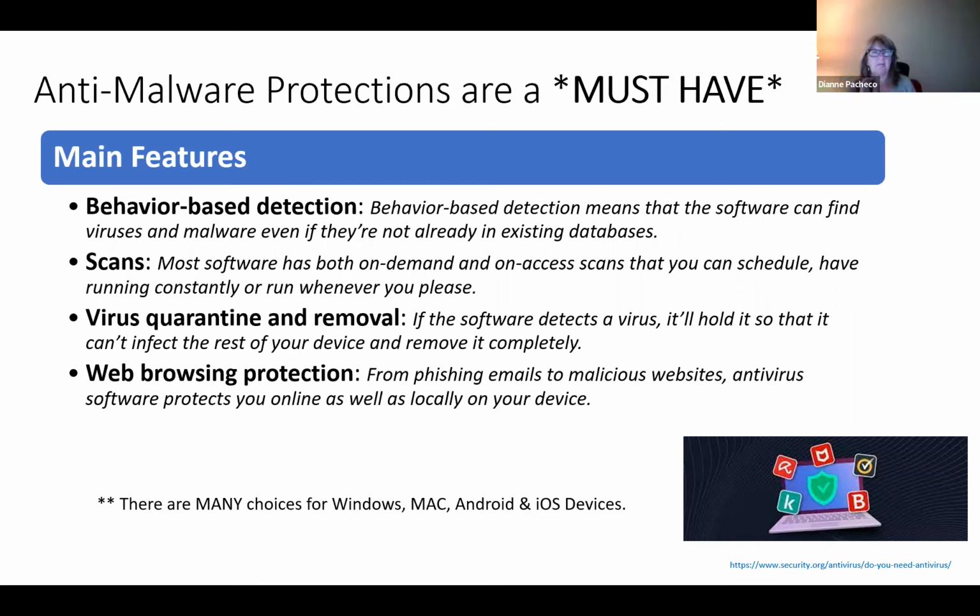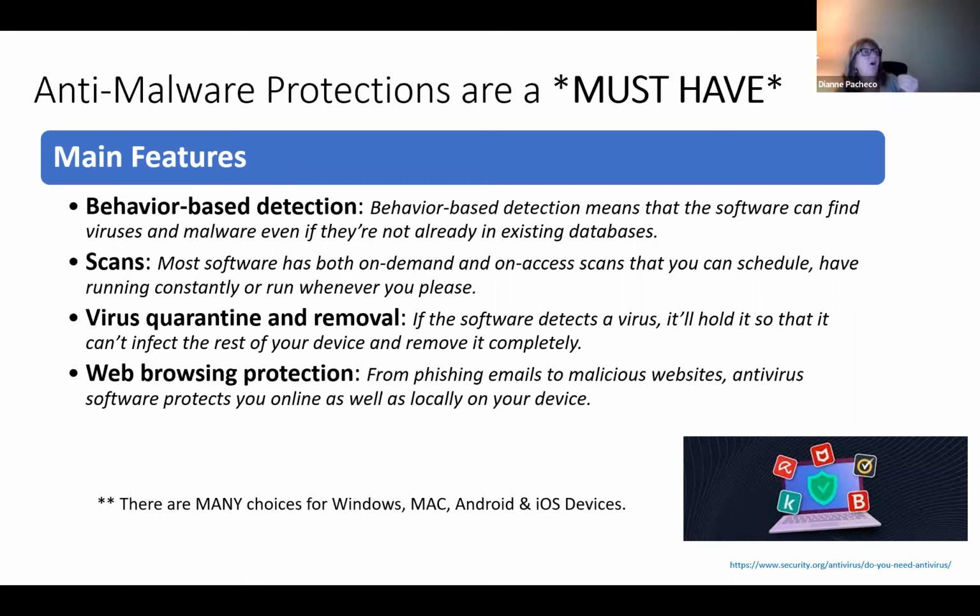So behavior detection, something is unusual in the way your system is operating, running scans. The ability to take a file and quarantine it and remove it if it's got malware on it. And then web browsing.